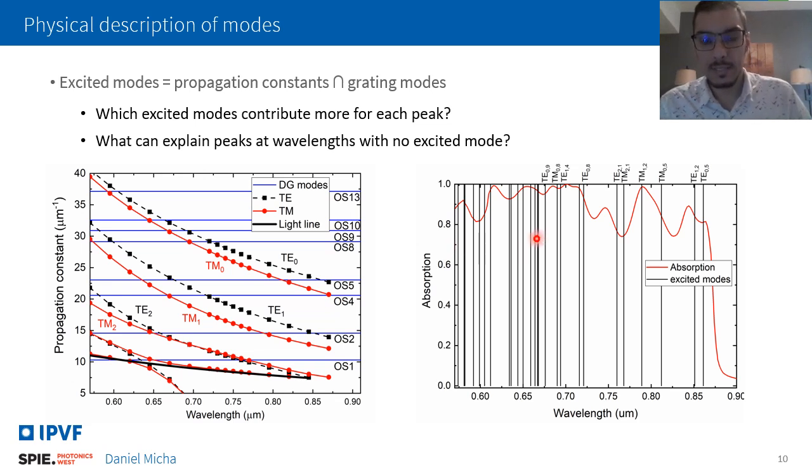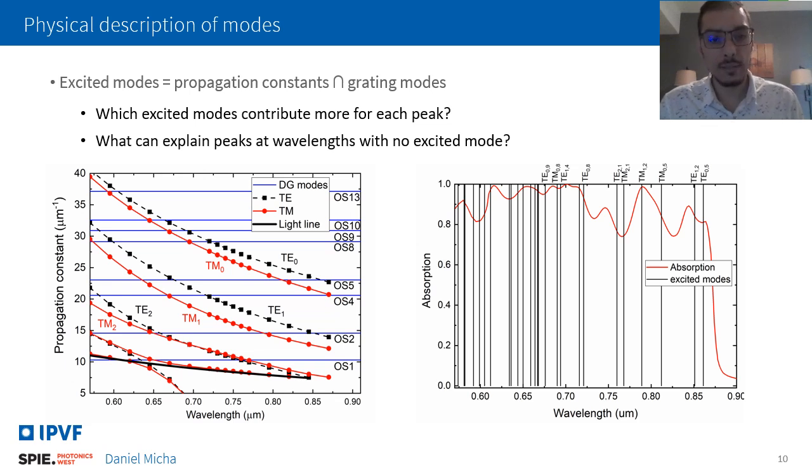So we see that several modes actually well explain the absorption enhancement especially in the short wavelength range. In the long wavelength range, we have some open questions here, but even so we have good matchings with the peaks and the excited guided modes. All right. Up to this point, we have described the excited guided modes and how they can explain the absorption peaks, but one piece of information is missing here.